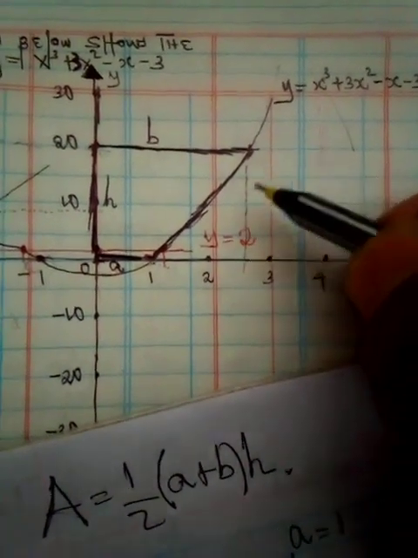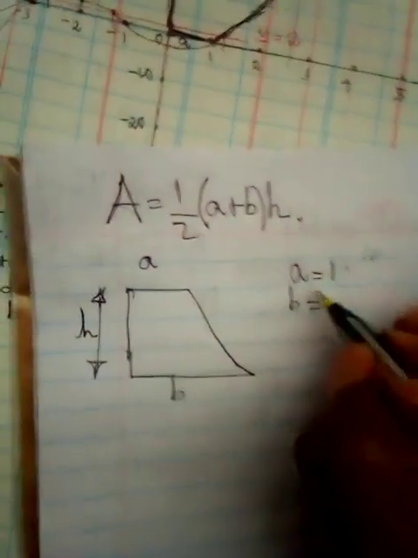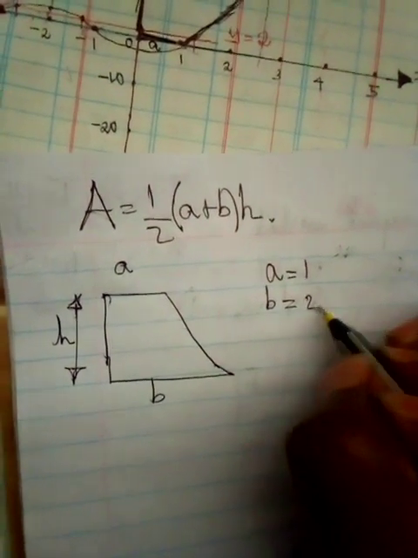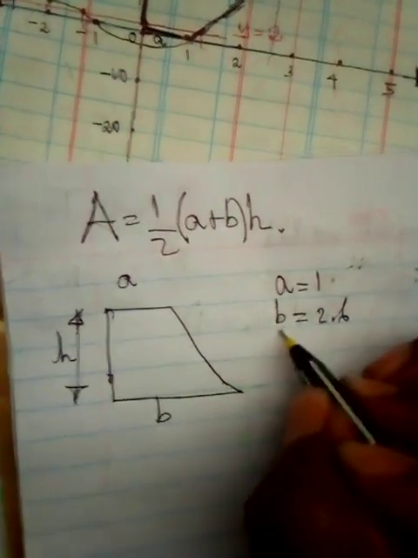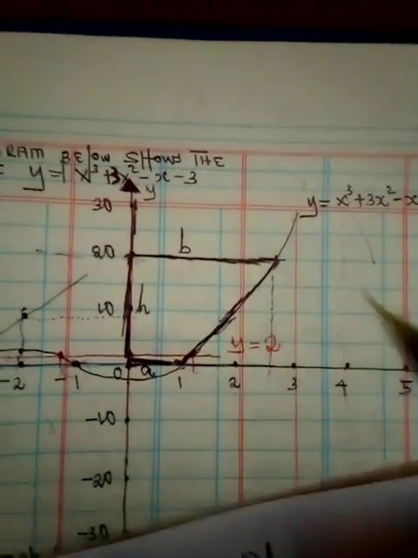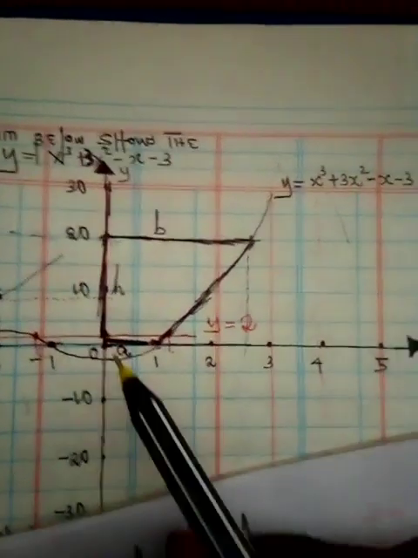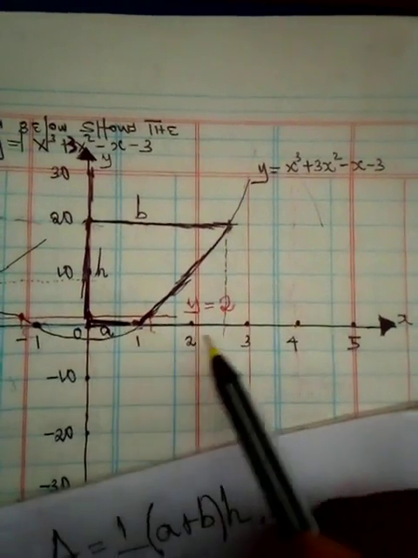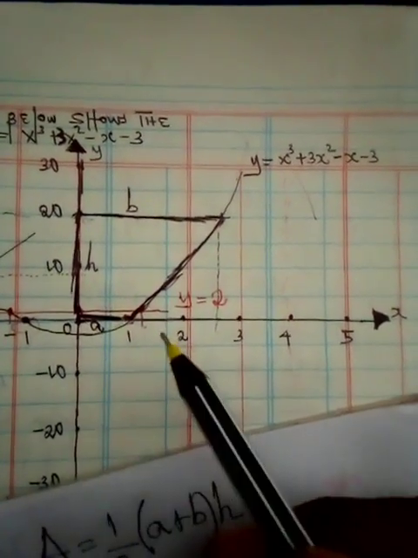Let's approximate that. 2.6 minus 0, just 2.6.